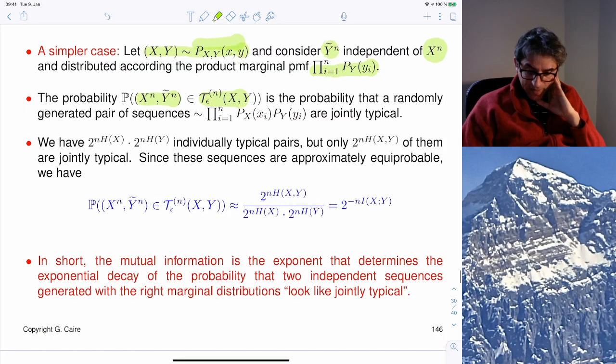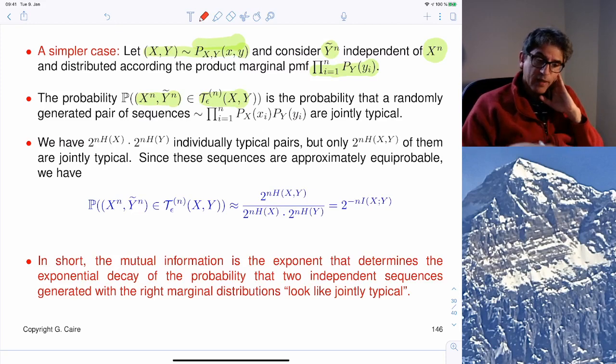The idea is precisely what I said before, that the jointly typical set is exponentially smaller than the Cartesian product of the individually typical sets. Basically, we can say, okay, every x and y tilde are individually typical with very high probability, and we know that there is equipartition property.